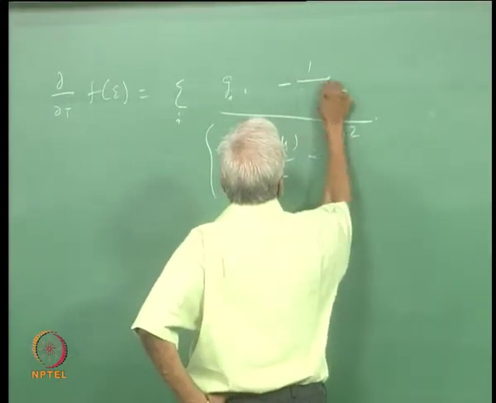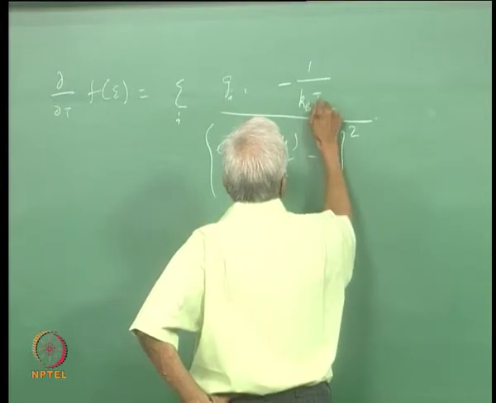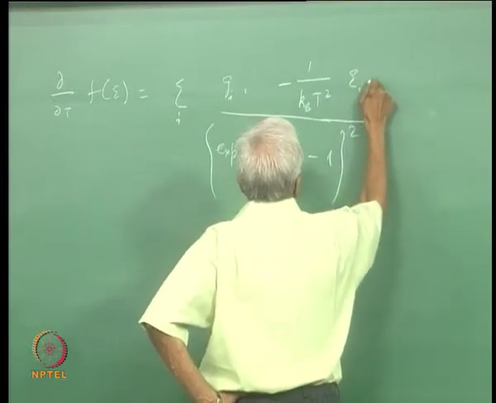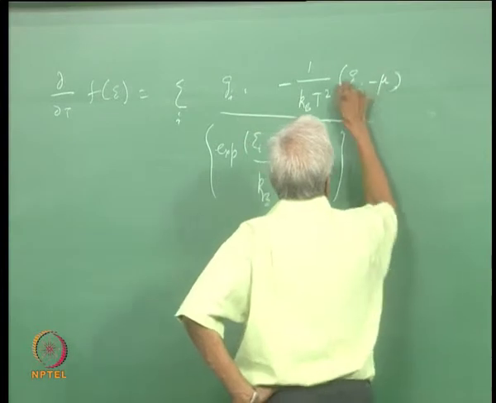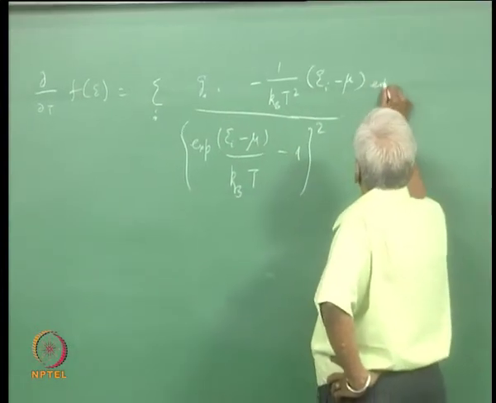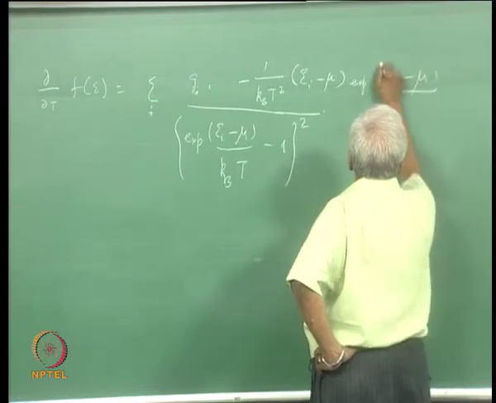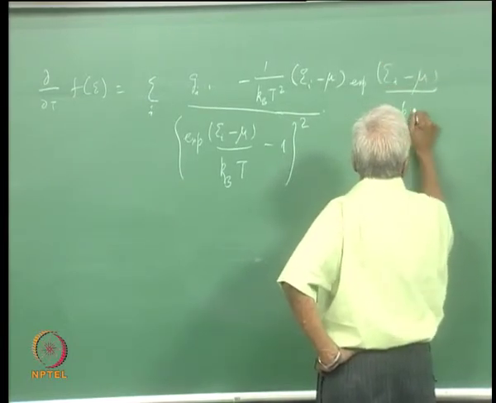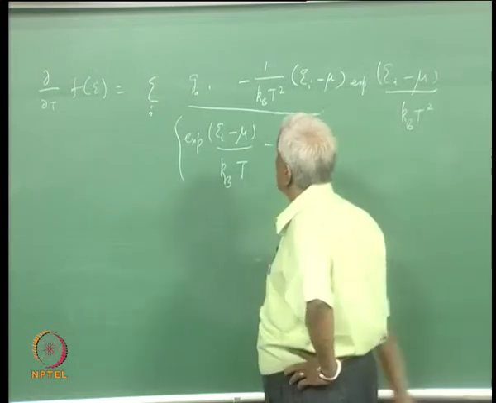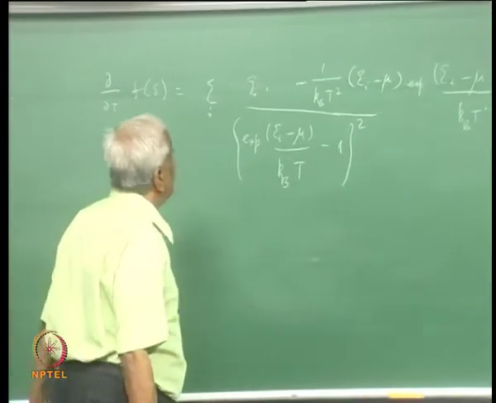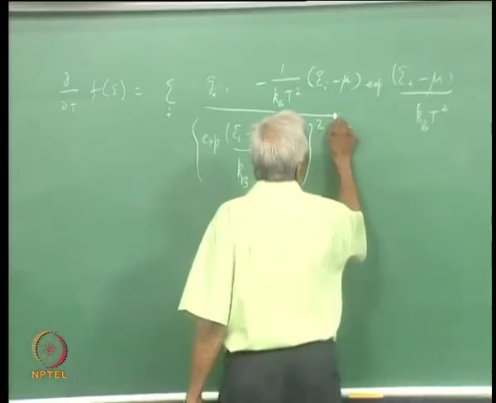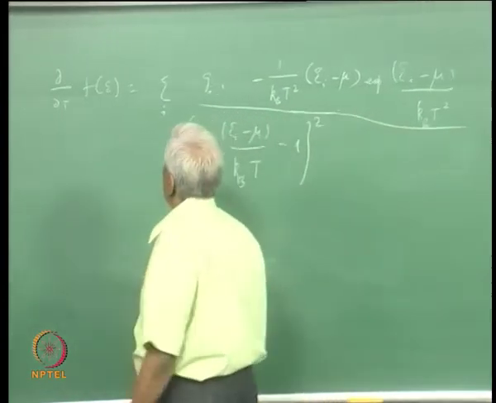So, minus 1 by kB T square of (E minus mu). That will be the derivative.